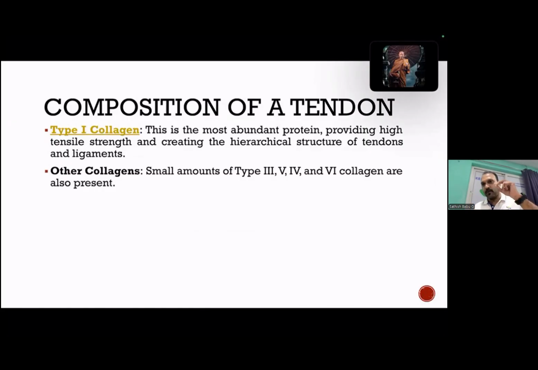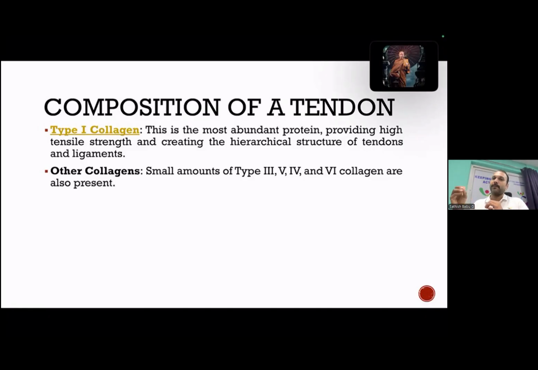Collagen is a protein molecule which links with one another and forms a long chain structure. That becomes a part of a fascicle. When a group of fascicles join together, it becomes a bigger bundle. And when a group of bigger bundles of fascicles are combined together, that forms the tendon.